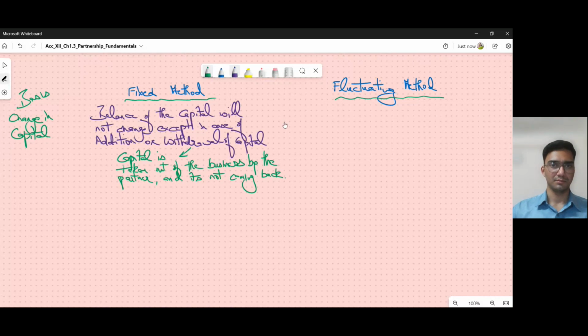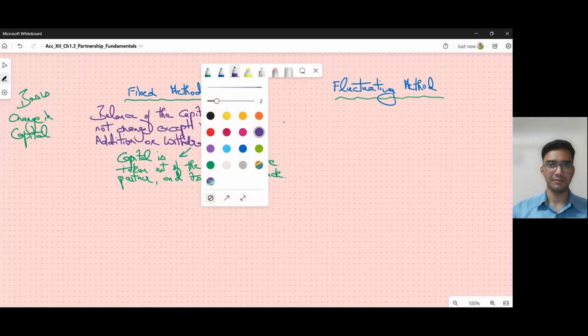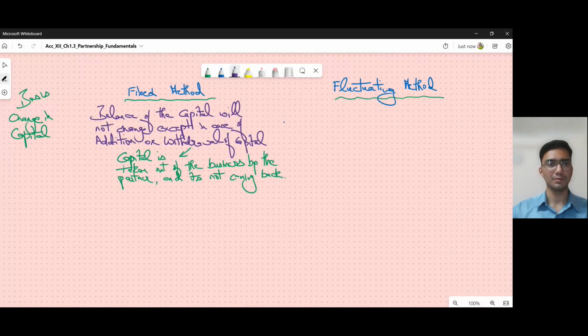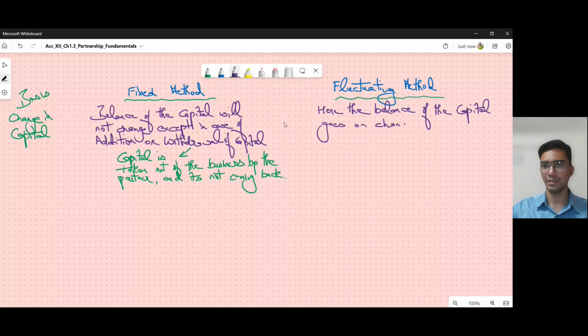Now, if I talk about the fluctuating method, what is the difference according to the change in capital? Here, the balance of the capital, remember I told you, it goes on changing.